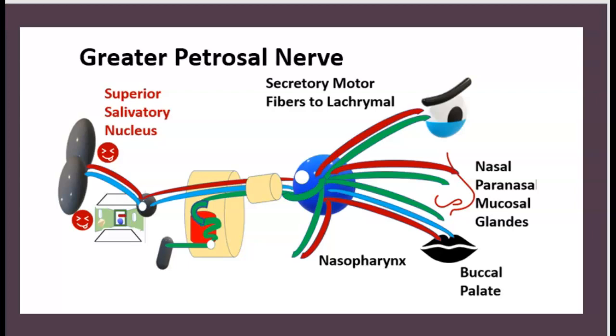Some of them ascend to the middle cranial fossa to jump into the foramen lacerum. But they do not relay in the geniculate ganglion. They jump to the foramen lacerum, and from the foramen lacerum, they go to the pterygopalatine fossa.